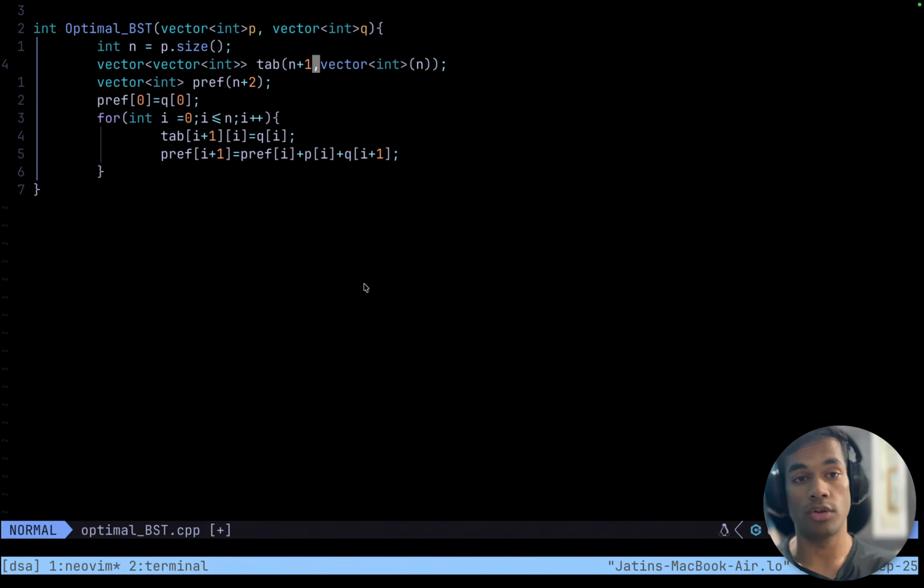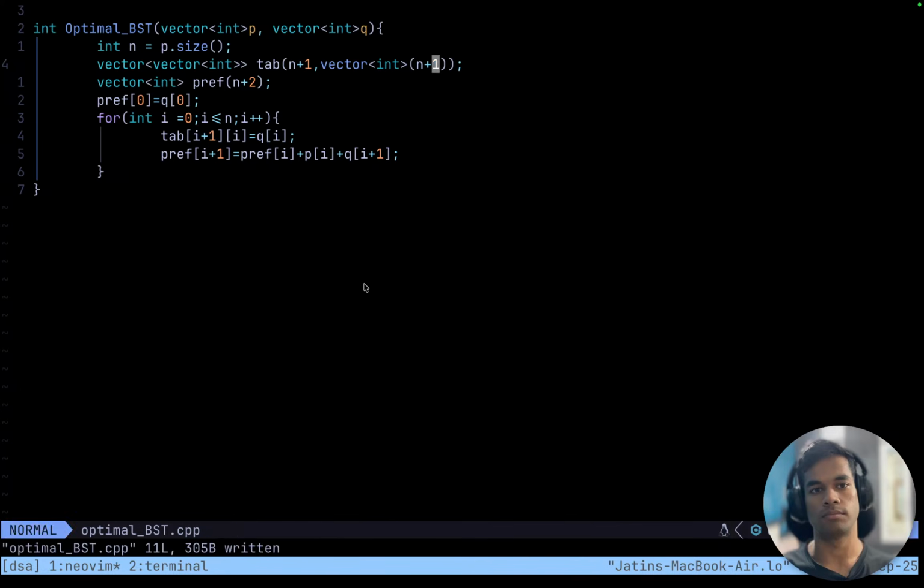But when I'm not choosing any node, that would also be one of the things that I could do. So that's one. And prefix n plus 1 because I might not choose some node or I might choose all the nodes.